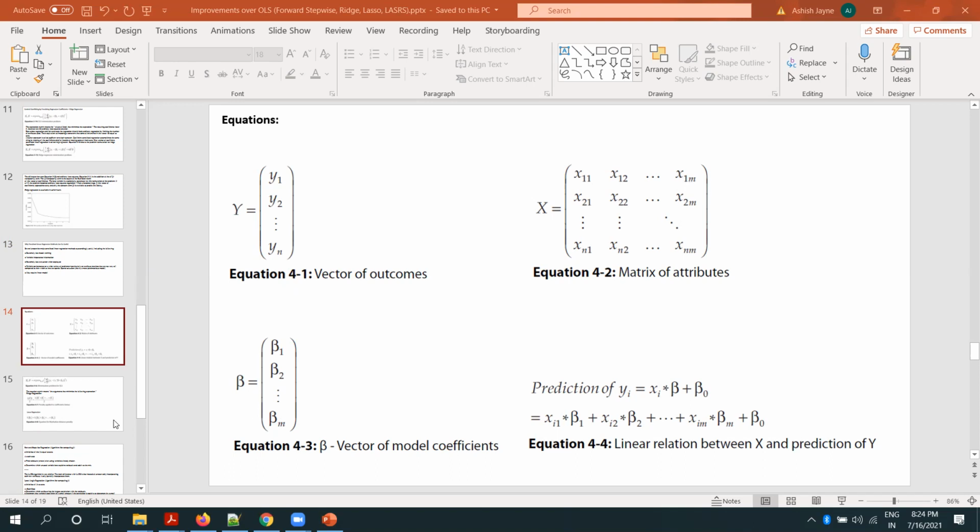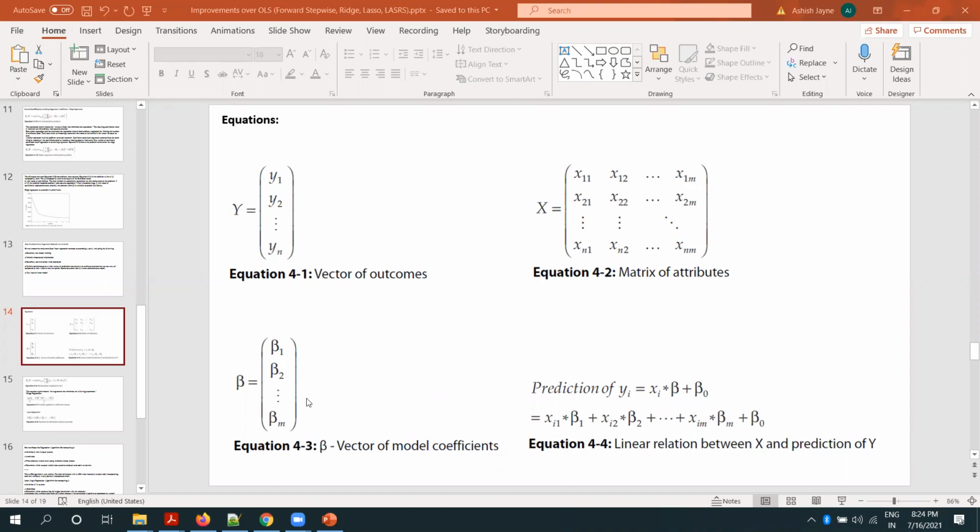I'll skip this slide. There's some confusion over here about the number of columns when we multiply x. Okay, so number of columns is n, right?